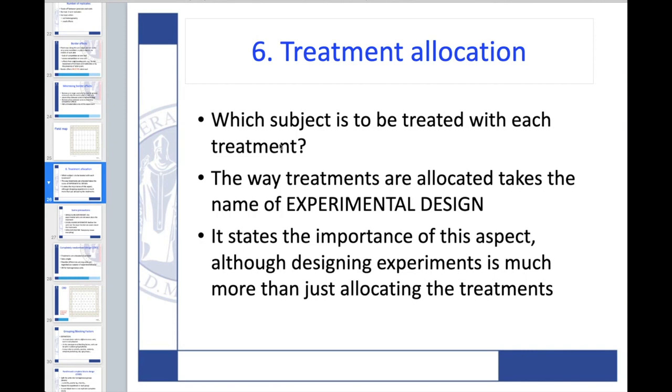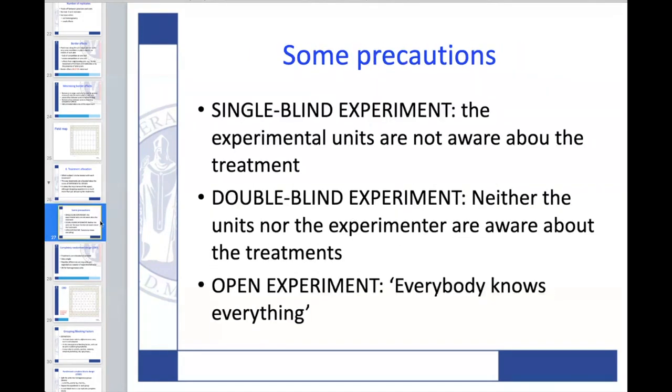Of course, we know that the experimental design is much more than allocating treatments. But nonetheless, allocating treatment is the central point of experimental design. And we need to carefully select how we allocate the treatment. Just to tell you, this is very important.